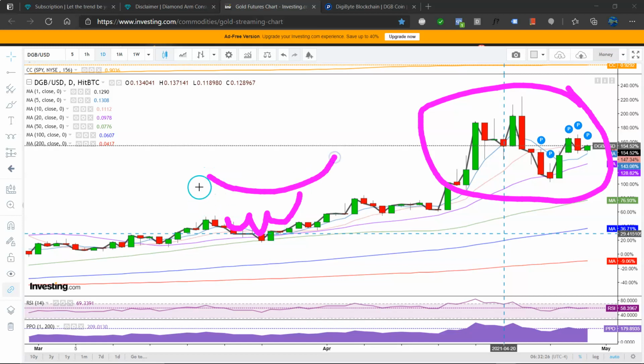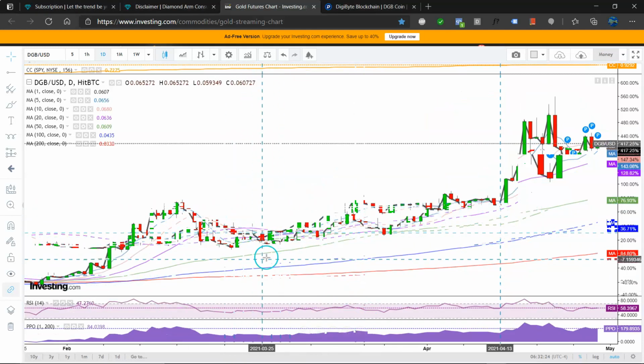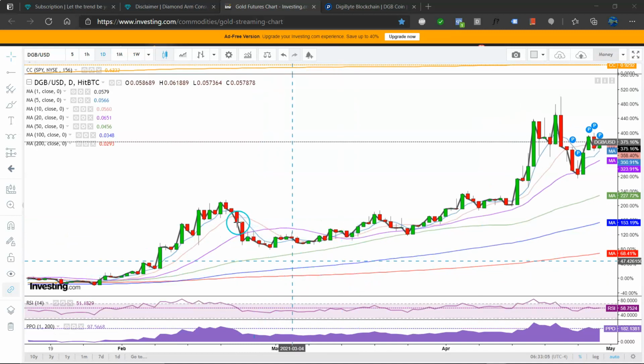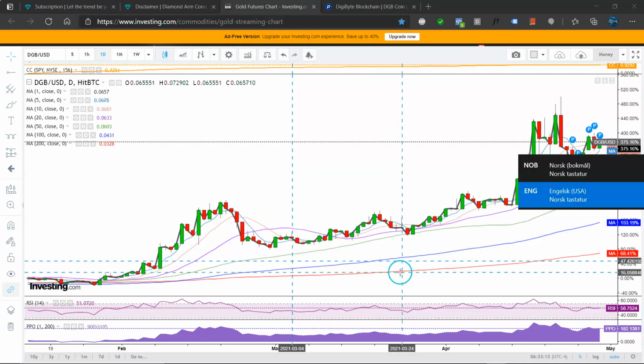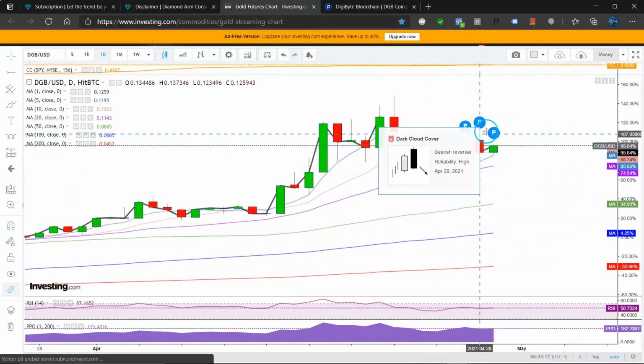Also, it does look a bit like a rounding-ish bottom. But basically, we do have a somewhat analogous pattern here that did play out in favor of the bulls. You could even make the case that here we have a bit of an inverse-ish head and shoulders pattern that did work out. So yes, I don't think the bulls have any excuse not to rally here.